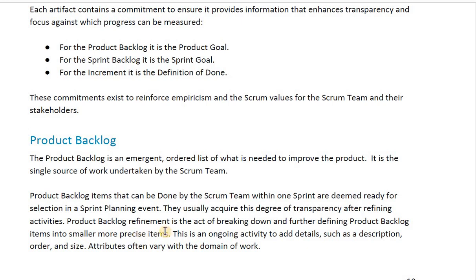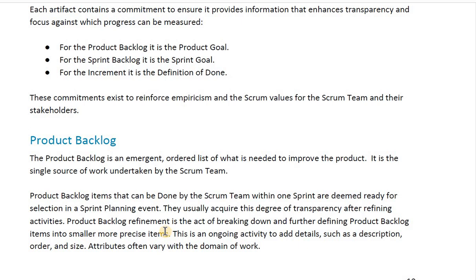That means the product backlog items should be broken down or decomposed into more manageable items so that the team can easily manage that activity. This is not a one-time activity, this is an ongoing activity.